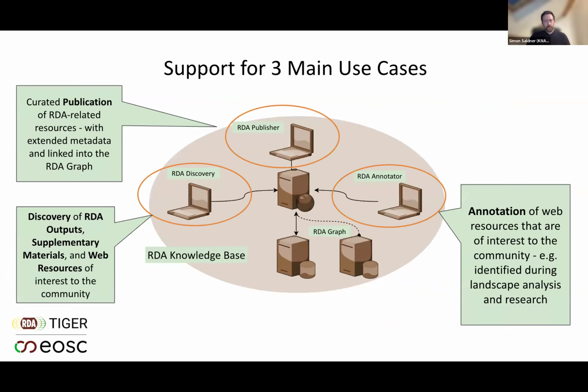And then on top of that, we have three other components. The discovery component here, which you will see soon, is essentially the main interface that you use to search the graph for all related resources. The publisher is a tool which will be used to publish working group outputs, which we'll talk about more later on as well, together with RDA-related metadata, and thereby facilitating an easier publication process and more harmonized use of vocabulary.